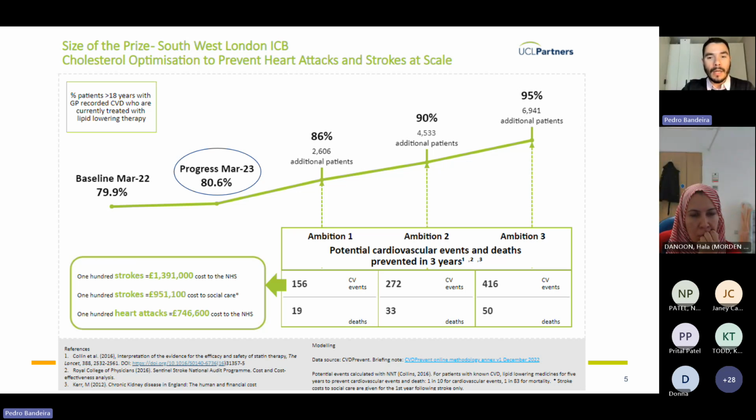And with this ambition, if we increase the statin uptake to 86%, this will be correlated with about 156 cardiovascular events avoided, 19 deaths, and a large amount of health associated costs. And this ambition increases as the statin uptake increases as well.